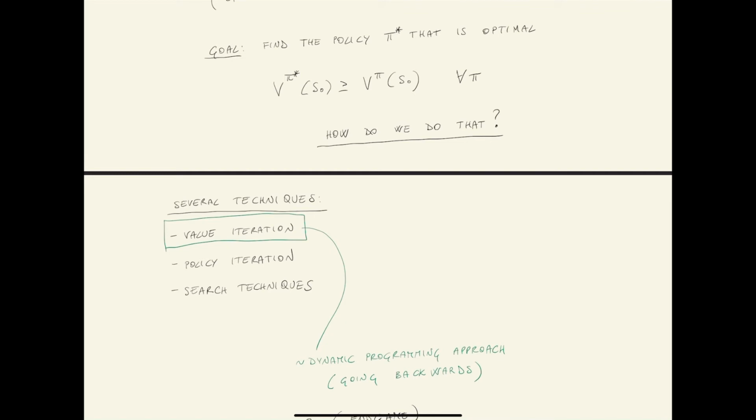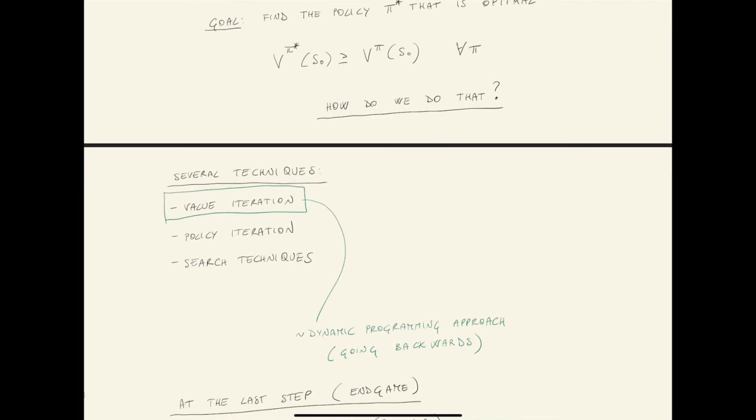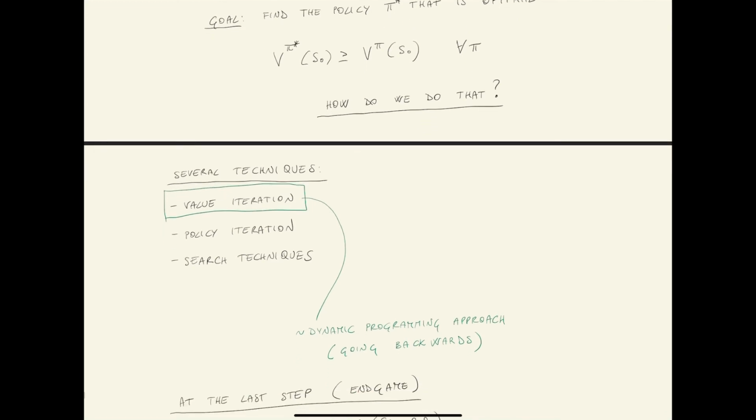And it's basically based on dynamic programming going backwards. Let me explain what I mean. So, as I said, we go backwards. So we start from the very last time step t. Well, it's our end game. There is nothing else to do. This is the last time step possible.